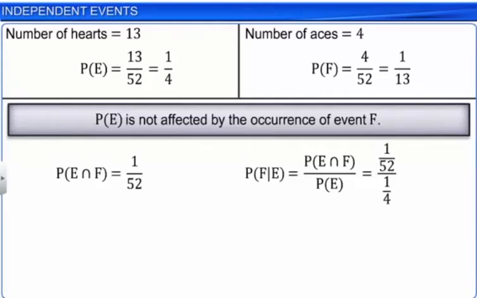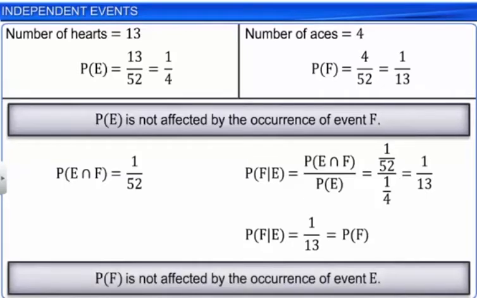On simplification, we get 1 divided by 13, which is equal to the probability of event F. Therefore, the conditional probability of event F given E is equal to the probability of event F. This implies that the probability of F is not affected by the occurrence of event E.